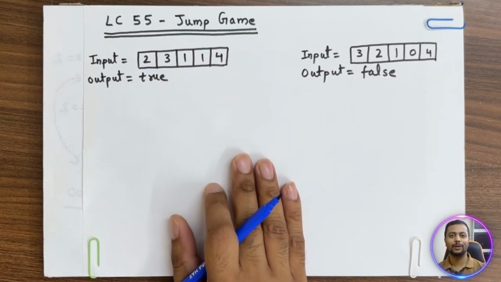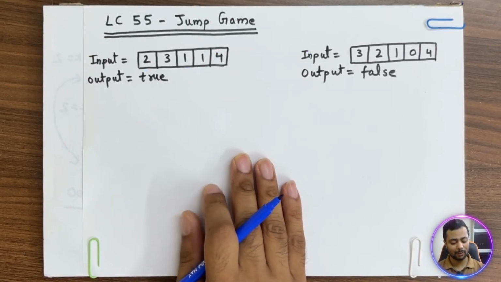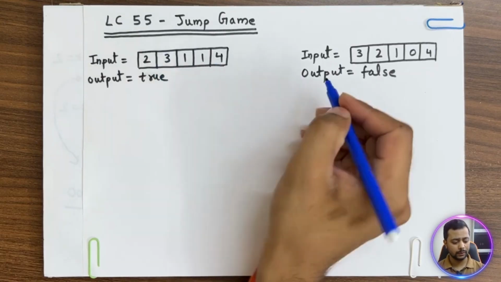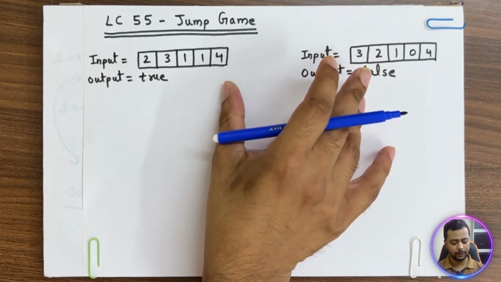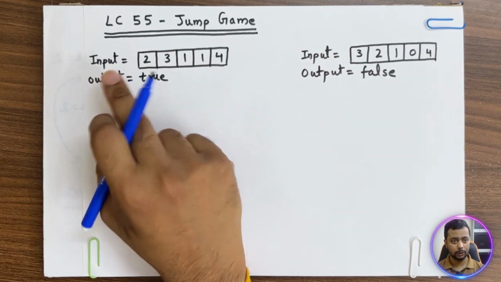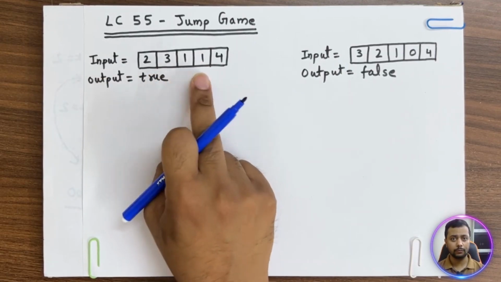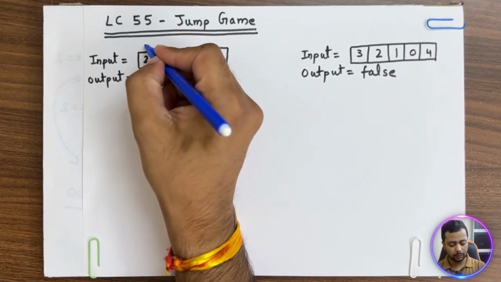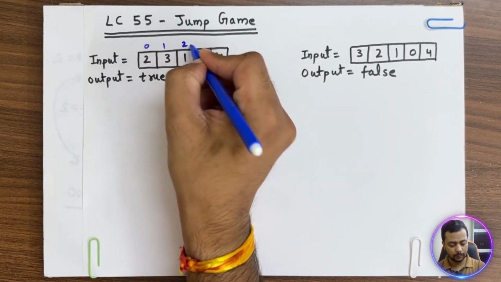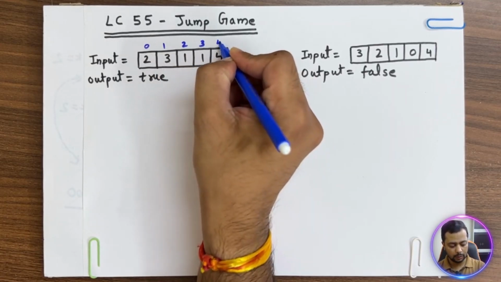Alright, so now let's try to understand the intuition behind this problem. I've taken both the examples and we will check both of them one by one. The first example was 2, 3, 1, 1 and 4. Let me put the index values also: 0, 1, 2, 3, 4.